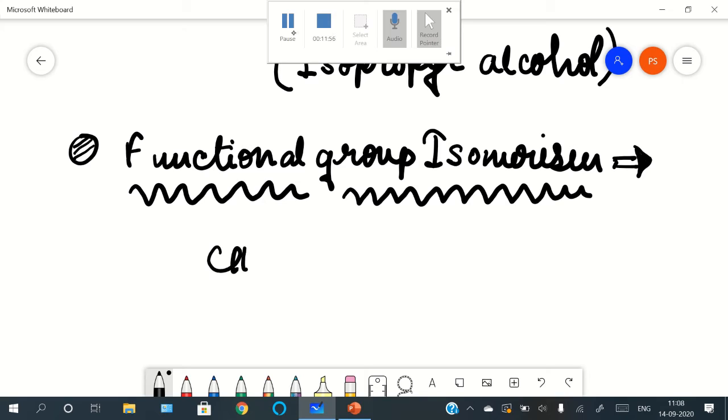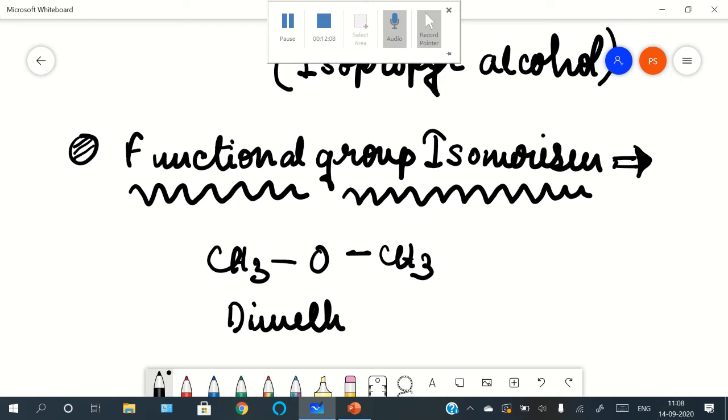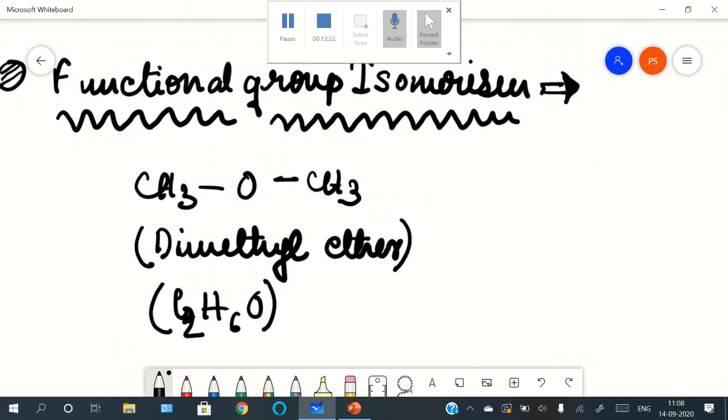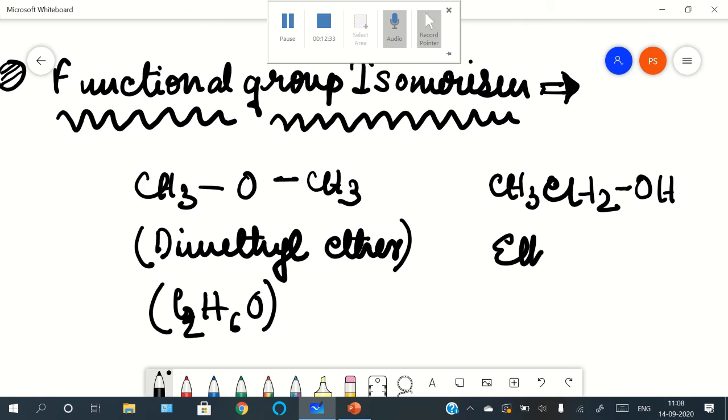The most common example is CH3OCH3. This is dimethyl ether. Molecular formula is C2H6O. CH3CH2OH is nothing but ethyl alcohol or ethanol.